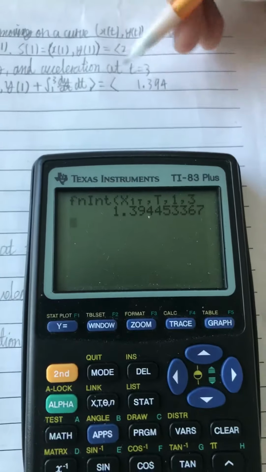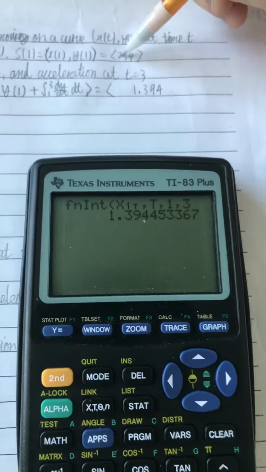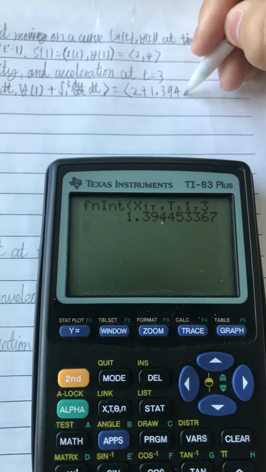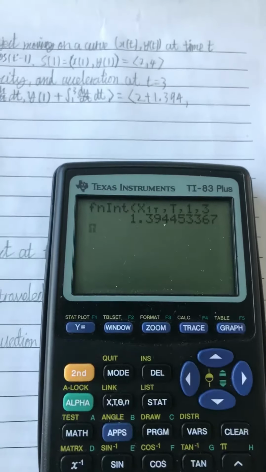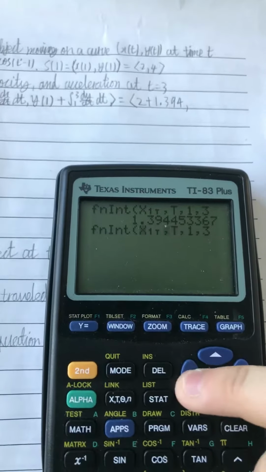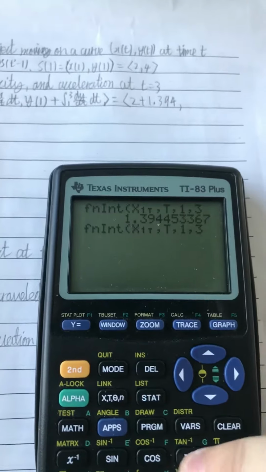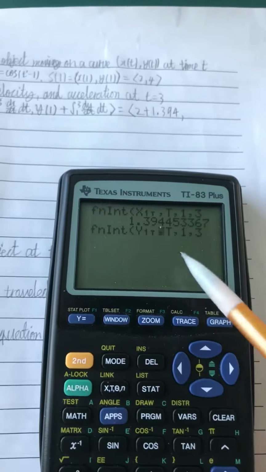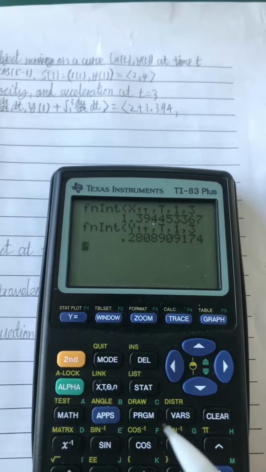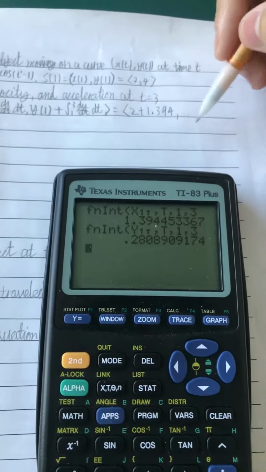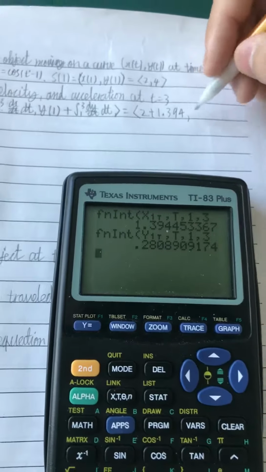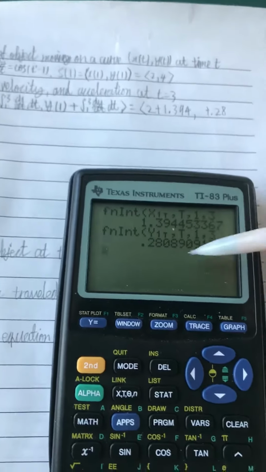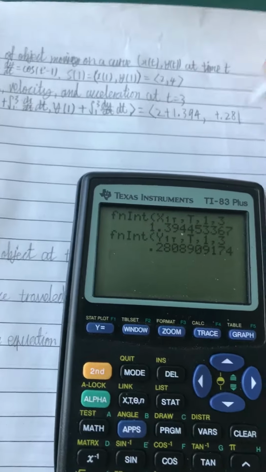will be 1.394. And we know x1 is 2 from the given information, so this will be 2 plus 1.394. And let's do the same thing for y. Basically, we just re-enter the whole equation, but we change the x1 to y1 instead. The area under the curve for y from 1 to 3 will be basically 0.281, rounded.